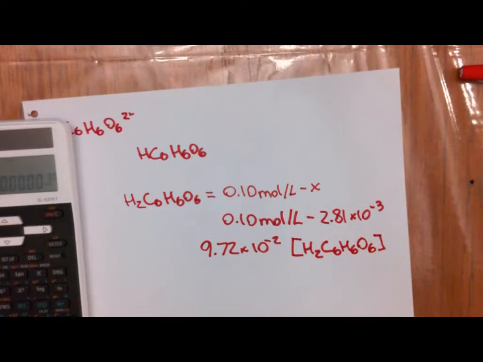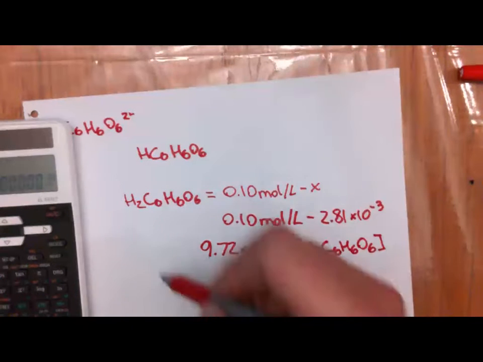Right? Now, with using that value, what we can actually do now is put it back into our Ka equation in order to solve for, so sorry, I kind of got mixed up here.